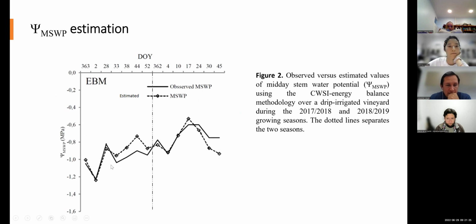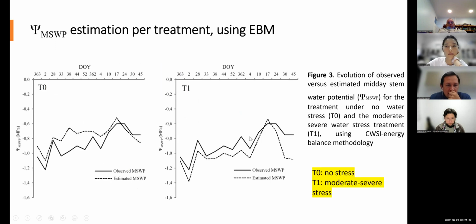And we can see that the estimation is fairly precise throughout both seasons of study. In addition to this, we wanted to visualize what we saw in the last picture, but separating between the non-stress and the stress treatment, where we can see that the estimation is precise for both cases, but it's far more precise on the water stress treatment.